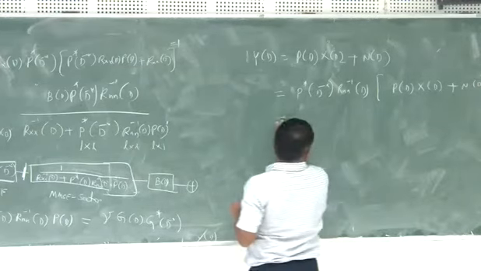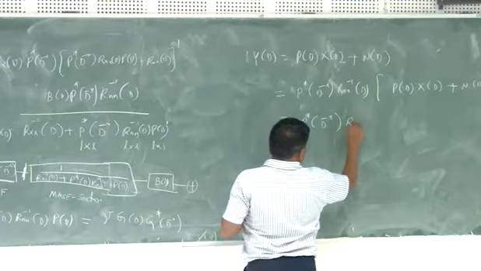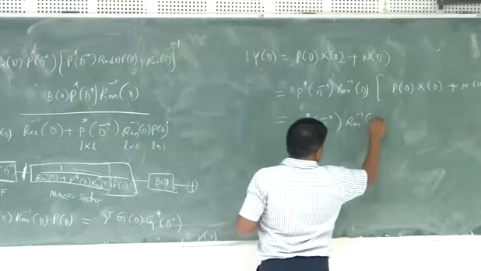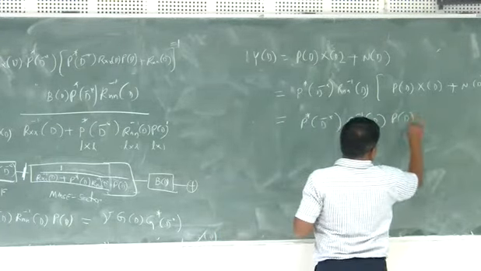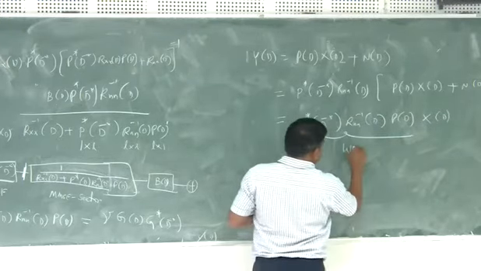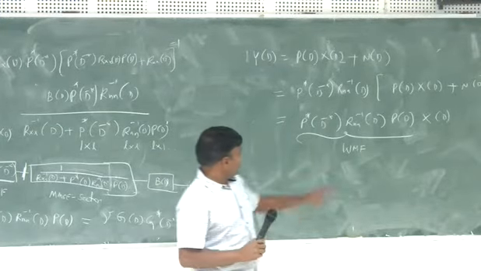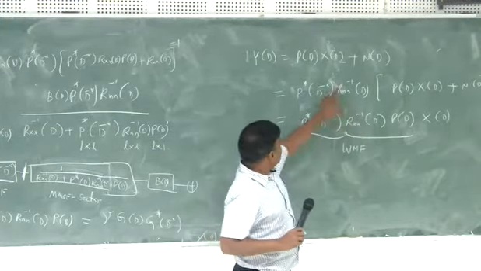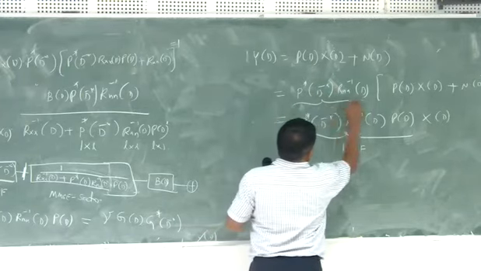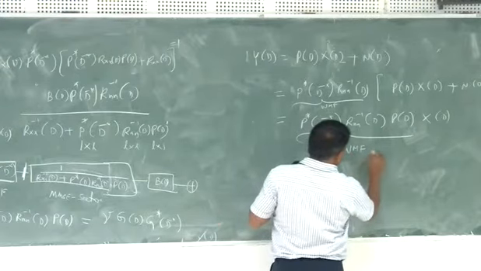This gives us P star D inverse Rn inverse D P of D X of D. This I call the whitened matched filter response. This portion, because this is a whitened matched filter, is the whitened matched filter response.